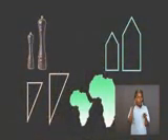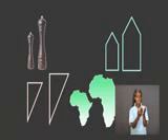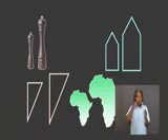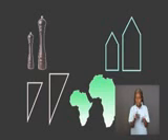Now, let us turn our attention to the second part of this lesson, similarity. You will remember that at the beginning of this lesson, I said that similarity is when figures have the same shape, but not necessarily the same size.